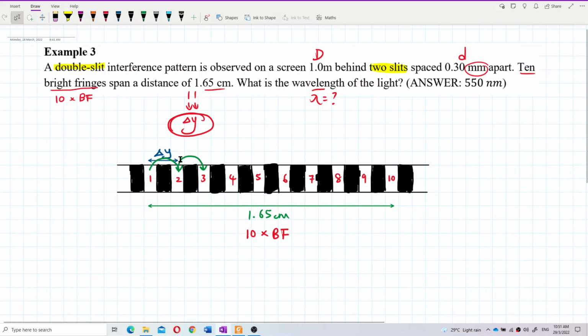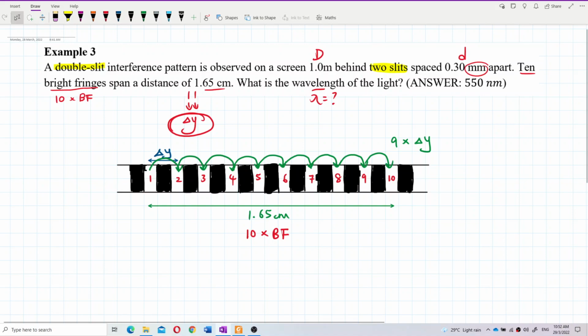So we have 1 delta y, 2 delta y, 3, 4, 5, 6, 7, 8, 9 delta y. So there are altogether 9 delta y. Understand? For 10 bright fringes, you have 9 delta y.